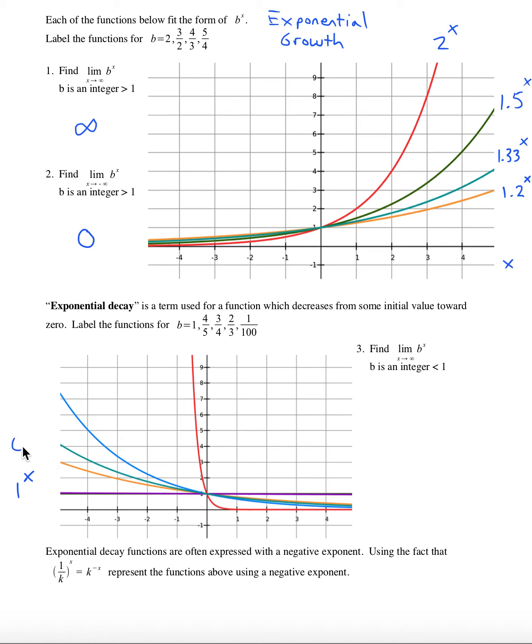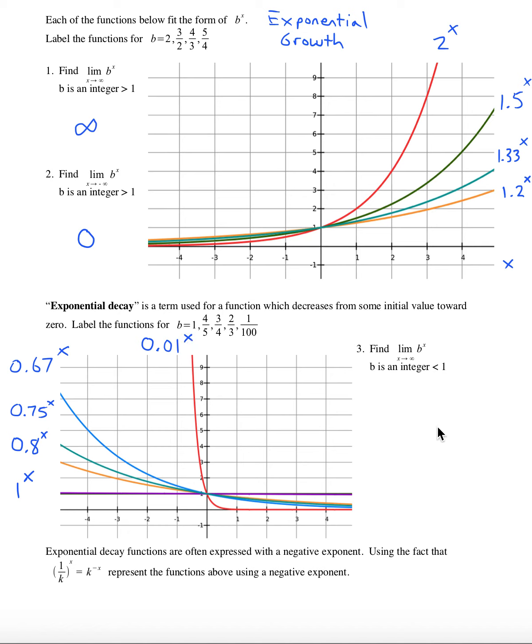This one here, the next yellow curve, is 0.8 to the x. The green one must be 0.75 to the x, and the blue one is 0.67 to the x. And this one, the most extreme curve, perhaps, is 0.01 to the x.